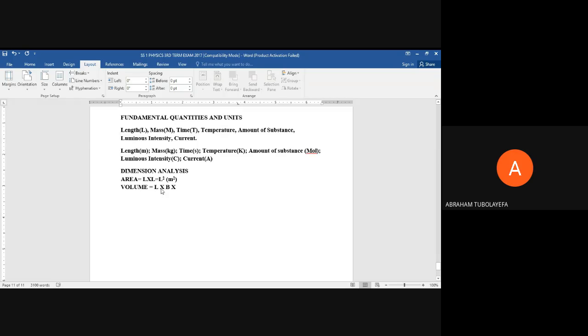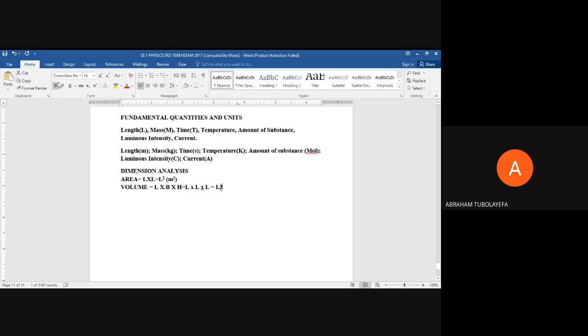Breadth and height are all still length, so it's the same thing as L times L times L, and that will give us L cube. The unit for length is meter, so we have meter cube.